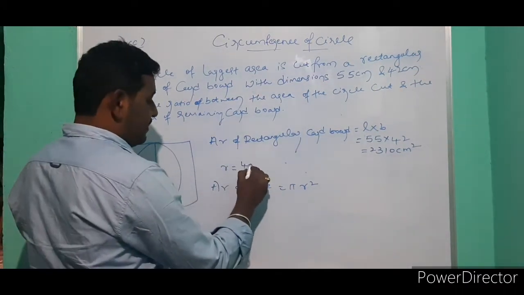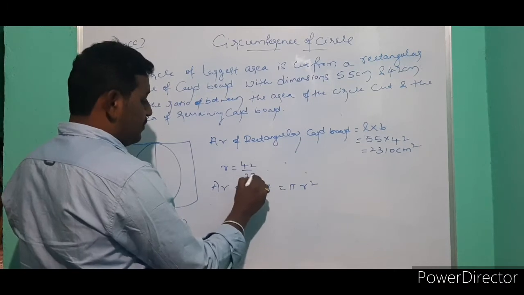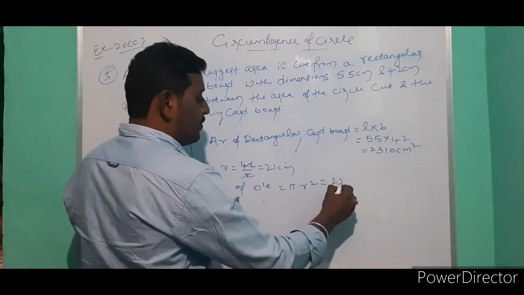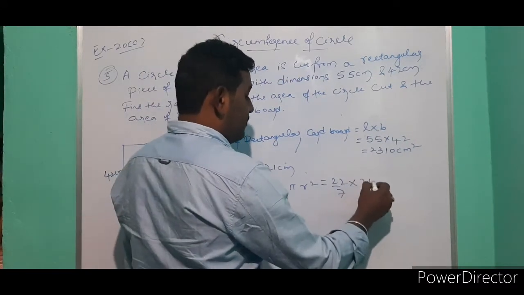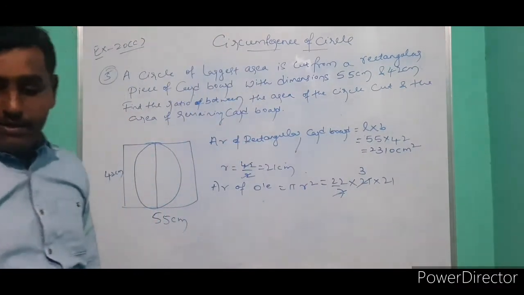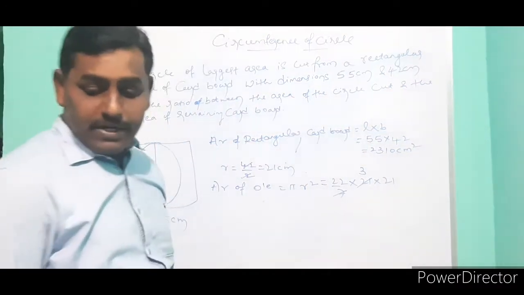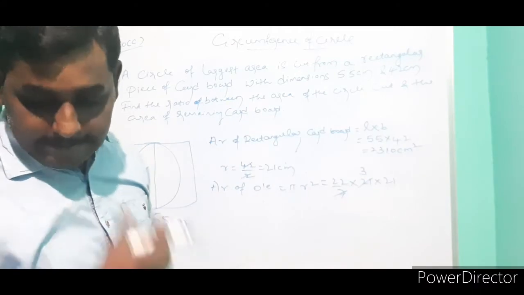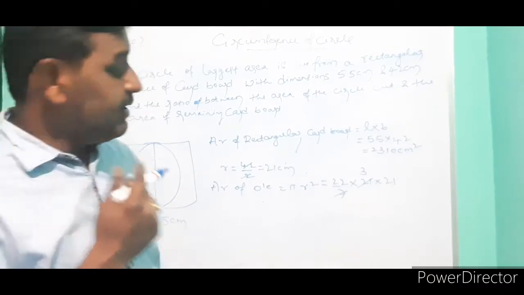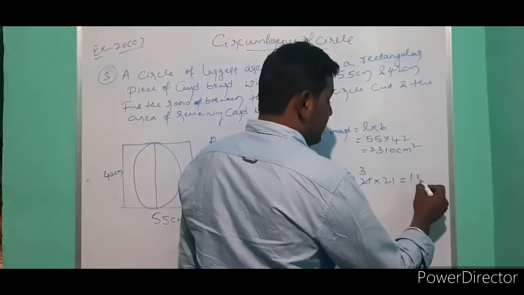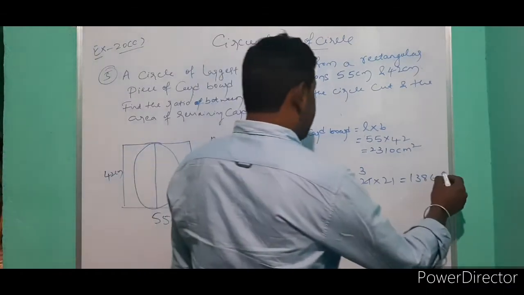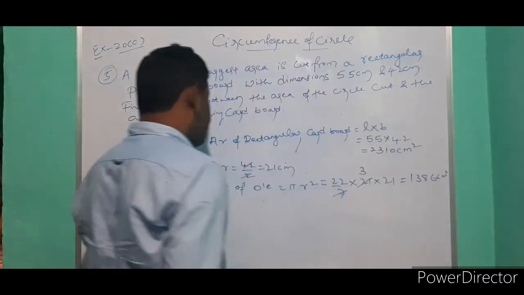Diameter is 42. 42 divided by 2, 21 centimeter. 22 by 7, 21 into 21, 7 ones are 7, 7 threes are 21, you can cancel, we multiply, you will get 1386, that is 1386 centimeter square.